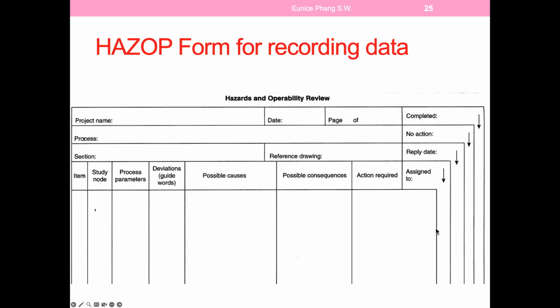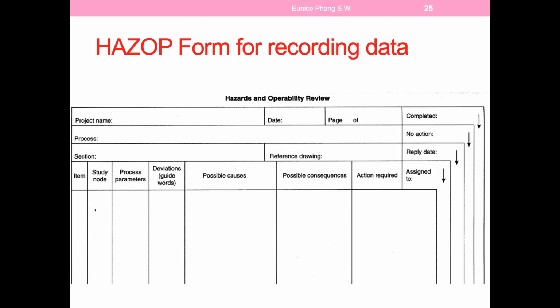Okay, so this is the general form for HAZOP analysis. You can see the item. Item here is normally just a number. Study note is where you identify from where to where you want to study. Because the process itself is so huge, you may have 10 different unit operations, so in a HAZOP study we have to be very focused.